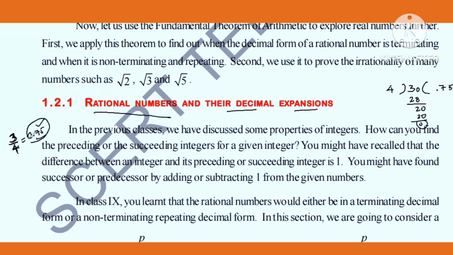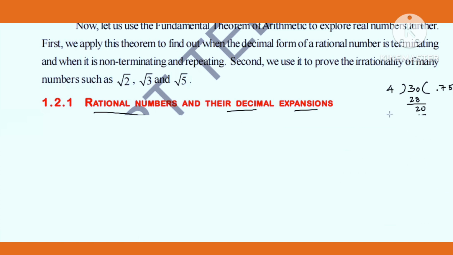Here I am expressing this rational number in the form of a decimal number. Which type of decimals do you get when you express a rational number in the form of decimal? You know that in decimals we have several types: terminating and non-terminating, and non-terminating recurring, non-terminating non-recurring.